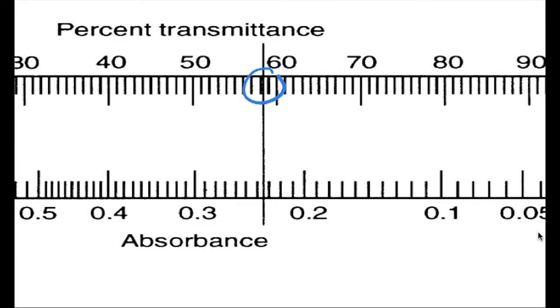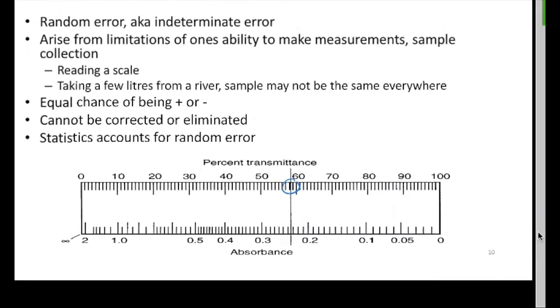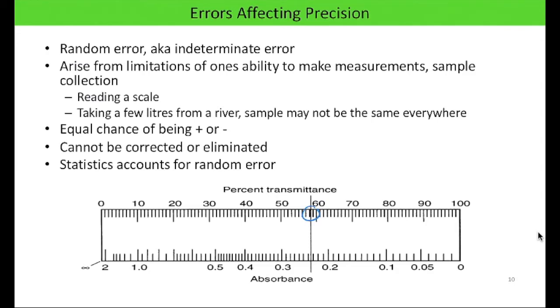None of you are necessarily wrong, but each of you are going to have a bias in the way you measure that particular value. And that's just a random error that you can't find and you can't correct for. It's just the way that you will do that measurement. Okay, so reading a scale is an example of a random error.